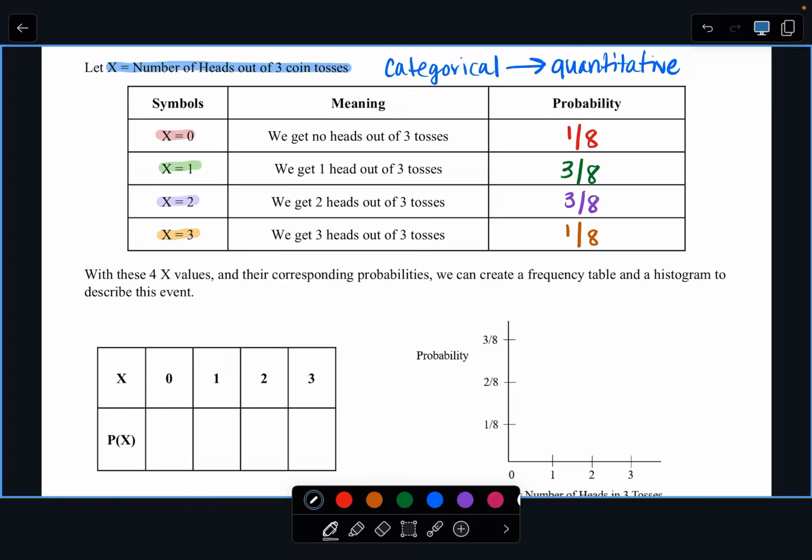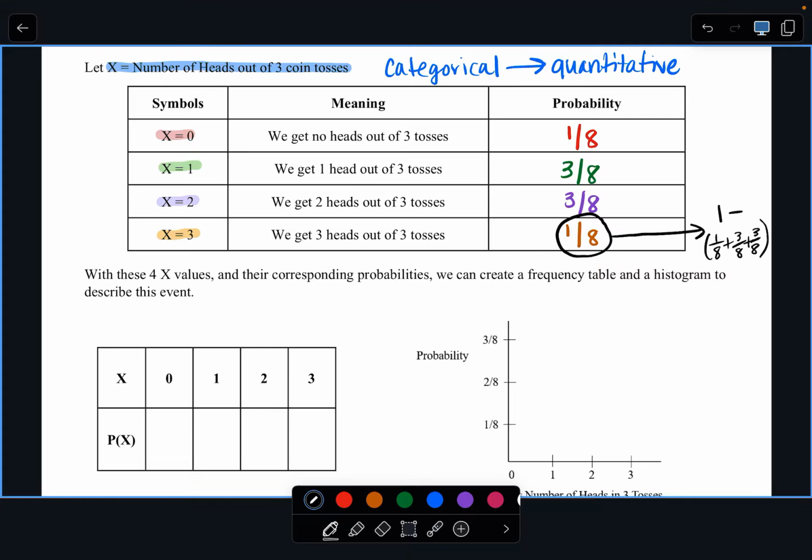So if I know I have the first 3 correct, I will sometimes just say, okay, I know this entire sample space has to total to 1. If I know 3 of the probabilities, I'll just do 1 minus the ones that I do know. So 1 over 8, 3 over 8, 3 over 8, and I'll just take a complement.